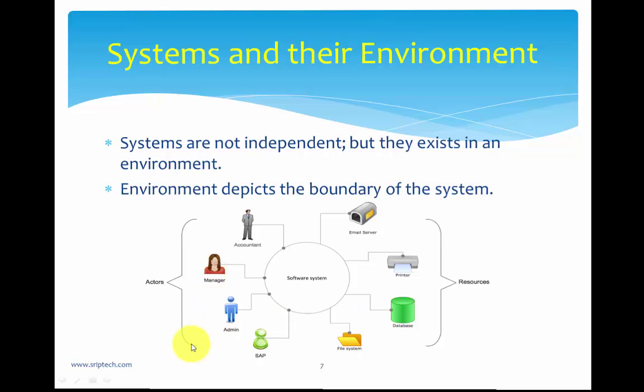Now whenever there are people involved, you can call them actors and you have these hardware devices as resources. Now this software system will only work within this boundary. That means an accountant can communicate with the software system, a manager can communicate with the software system, and an admin can communicate with the software system. And this software system has access to this email server only, to this printer only, to this database only, and to this file system only.